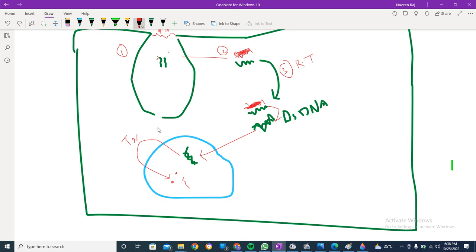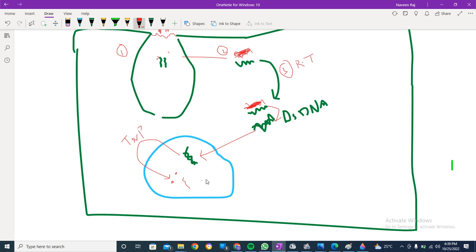I'm just writing transcription, TRP. You need to understand this transcription. Along with the proteins, the strand of RNA, the messenger RNA, is formed.